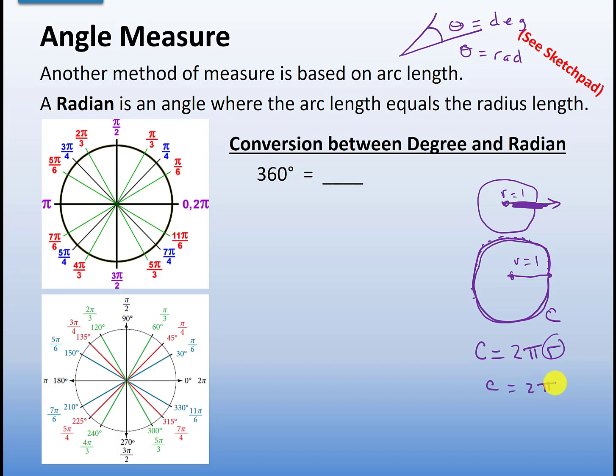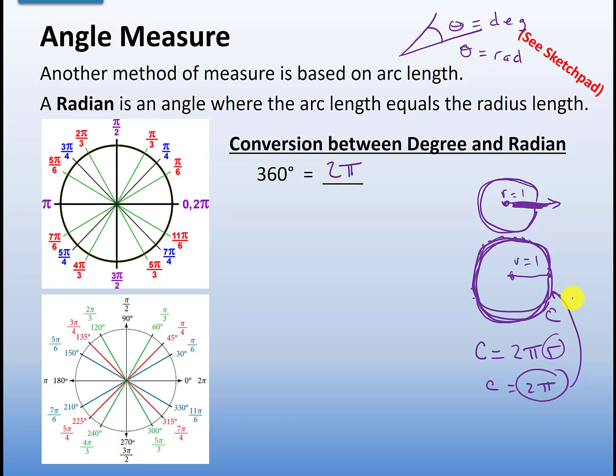So if this were inches, it would take us 6.28 inches to go all the way around the circle. But there is a correlation here. Going all the way around the circumference of the circle, which is 2 pi, is very similar to going all the way around the circle with the angle of 360. So we have this relationship that a 360 degree rotation is like 2 pi. It's like going all the way around the edge of that circle.